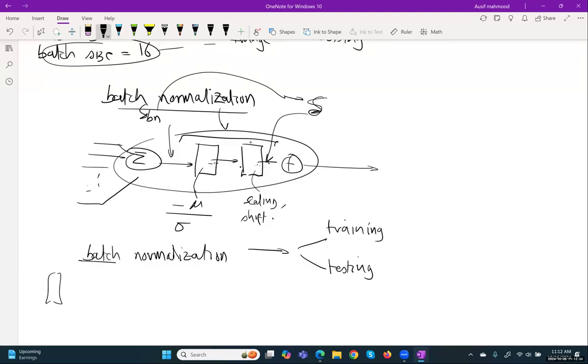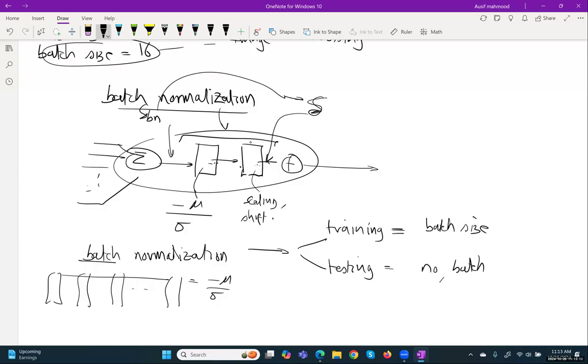We are feeding in a batch of data, and across the batch, we are subtracting the mean of all of these and dividing by the standard deviation, okay? In training, do we use a batch size? Yes. For example, let's say 16. So there is a batch size in training, right? Is there a batch size in testing? No. So no batch size over here.